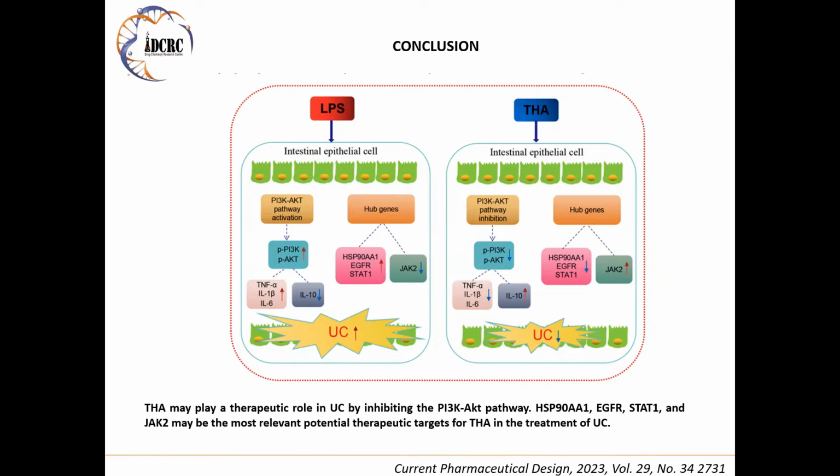thalidomide. As you can see on the left hand side, there is an LPS induced pathway, then the treatment done with thalidomide. So the genes, basically the PI3K, AKT, and the EGFR pathway, the JAK pathways, which are basically different in case of the LPS induced inflammation, are now decreased or modulated in case of the thalidomide treatment.